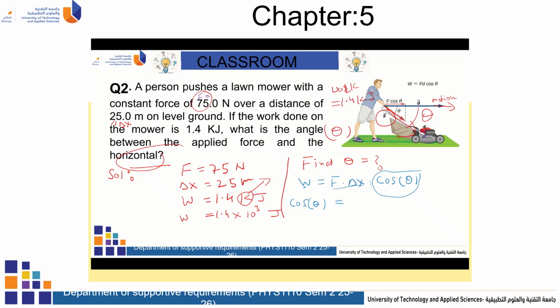When I change the side, it will go into the division. So this will be the work divided by the force and then the displacement. So this rule we have to use for our problem here.